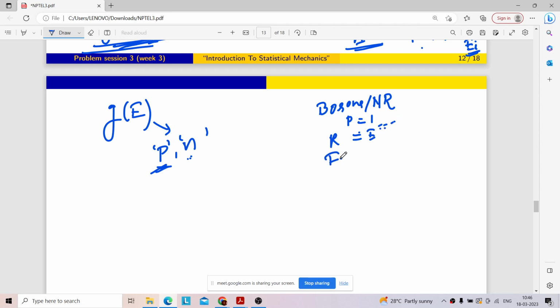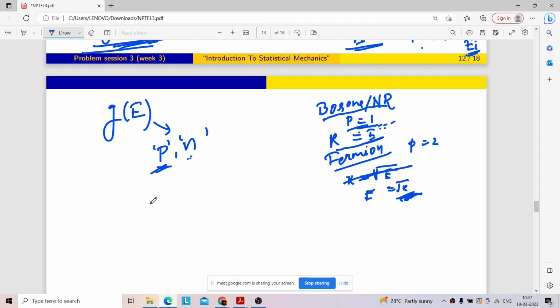But for the fermion case, this P is 2. So I'll get some relation like E is some root over of K, something like this. I told you the opposite. So this kind of relation I'll get for different cases: for bosons, non-relativistic particles, I'll get a linear relation, and for fermions, I'll get some parabolic kind of relation between E and K.